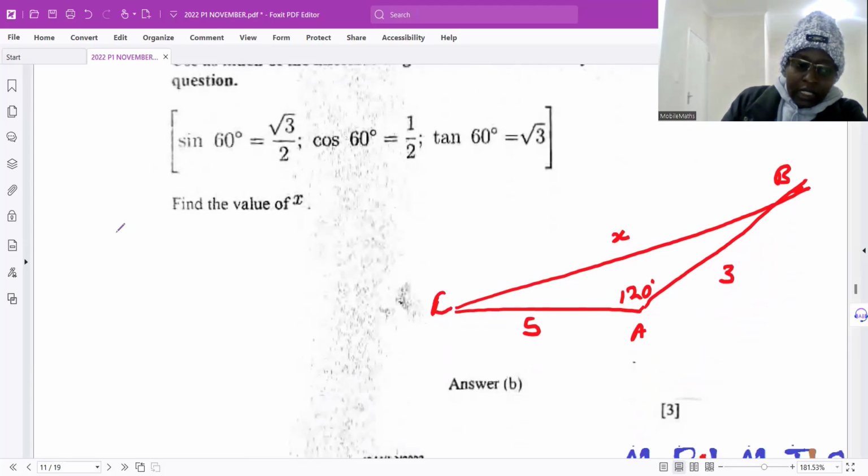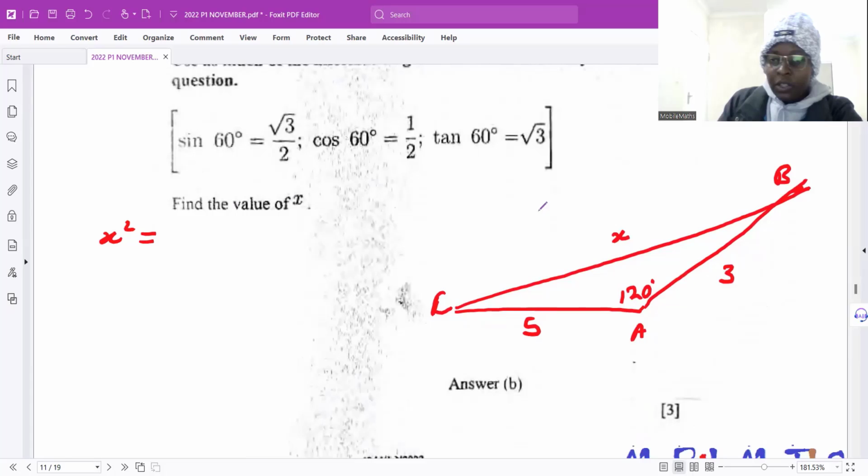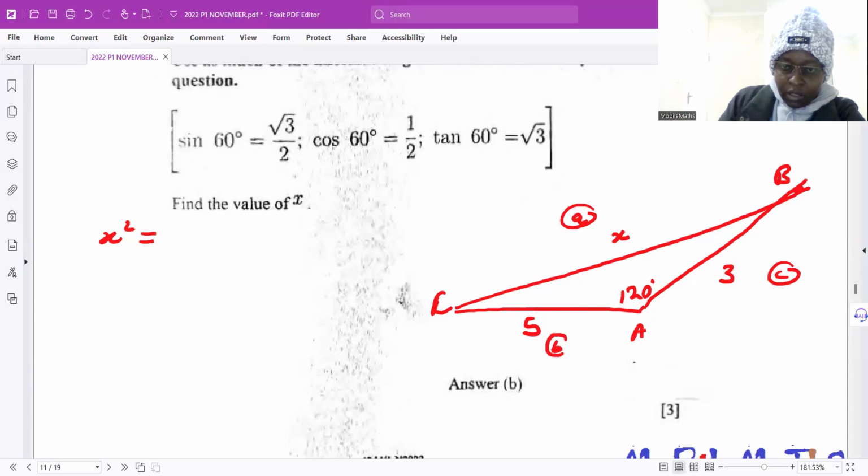So we can use the cosine rule for this question to find X. Cosine rule states that if I use this side as A, this side as C, and this side as B, A squared is equal to B squared plus C squared minus 2BC cos A. So that's what I'm going to write here.